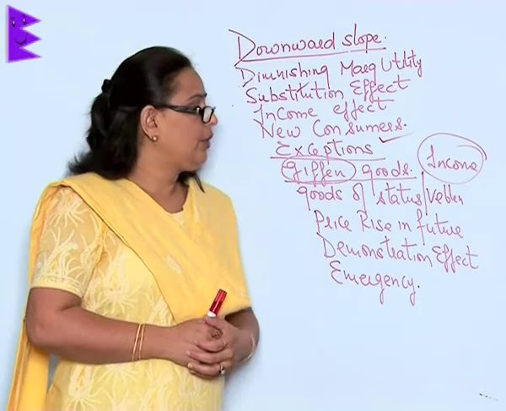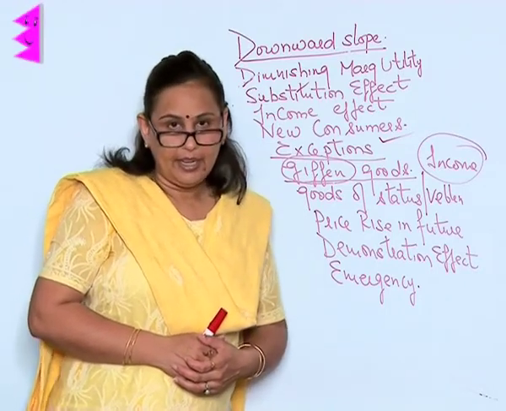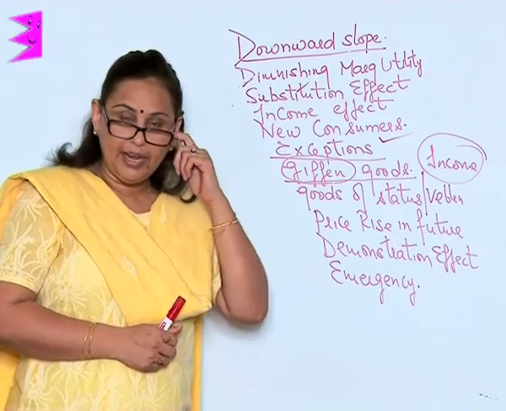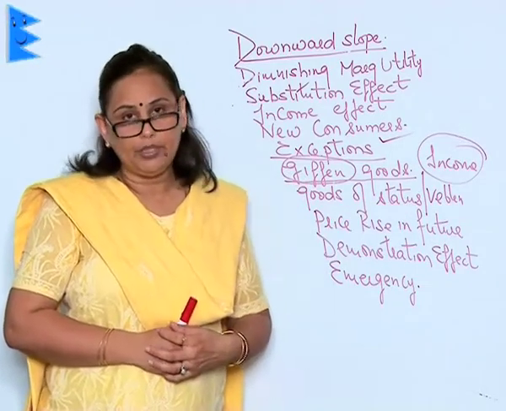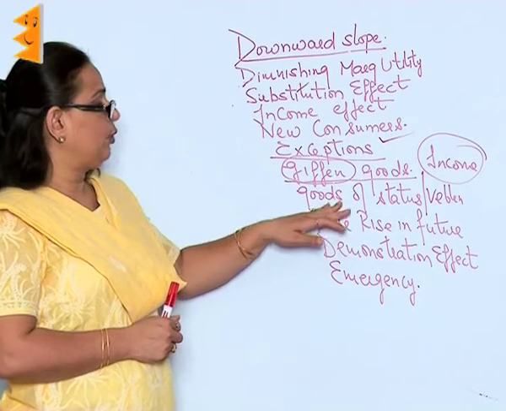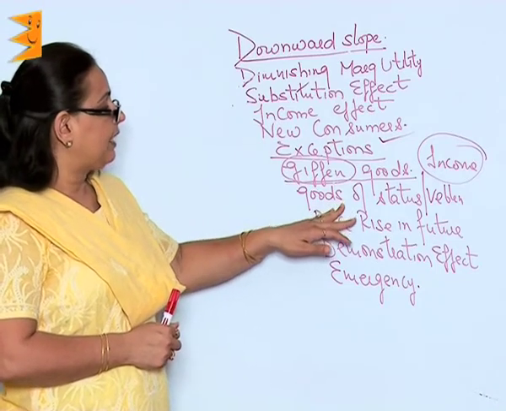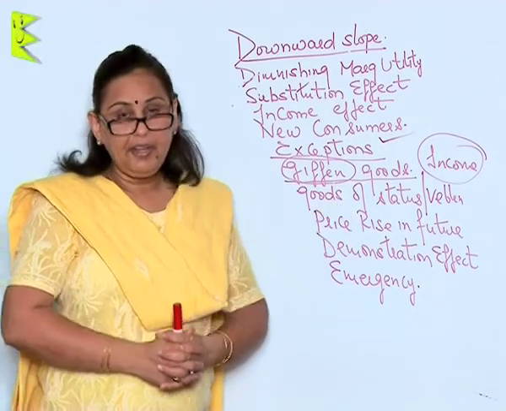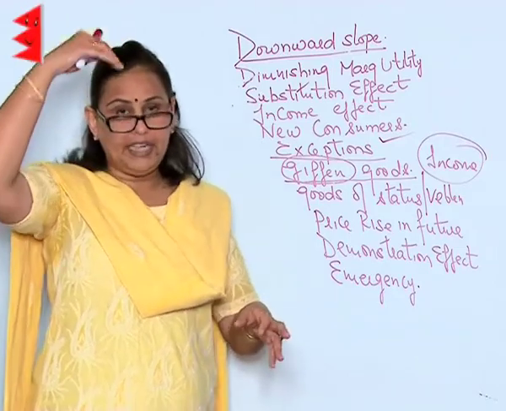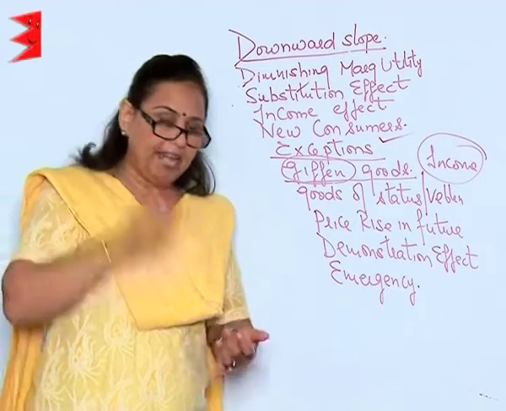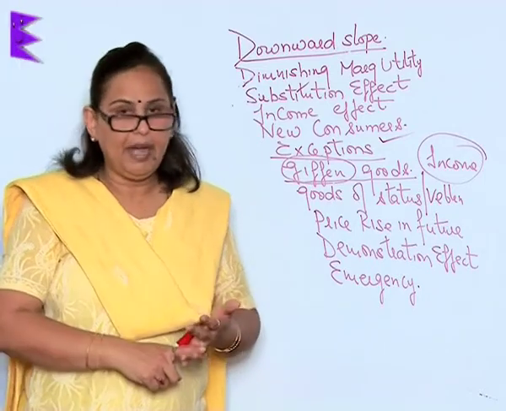Then, goods of status. As this was given by Professor Veblen, they are called Veblen goods. According to these goods, even if the price of the goods of status rises, the consumer will still buy them.